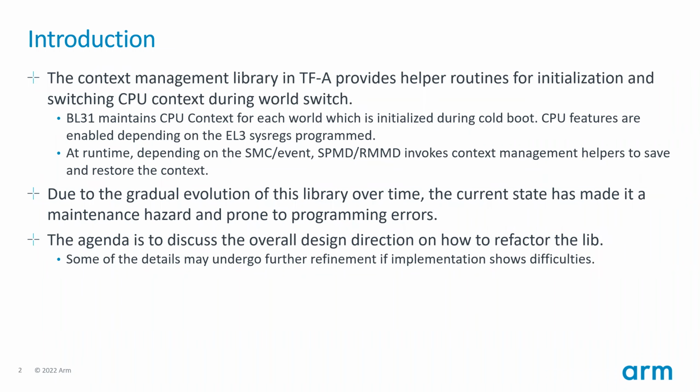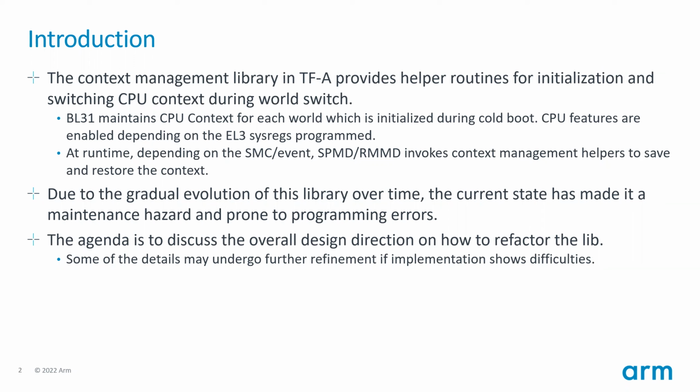So BL31 maintains separate CPU context for each world, which is initialized during cold boot. The CPU features which need to be enabled for a particular world are initialized in the context during the cold boot time. So, for example, if the non-secure world wants to use floating point and it wants to use SVE, then the appropriate trap bits in EL3 system registers need to be disabled.